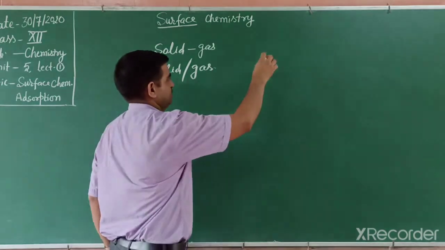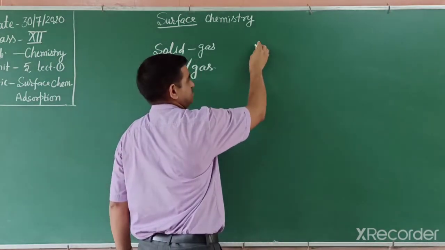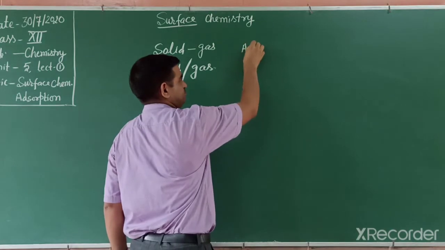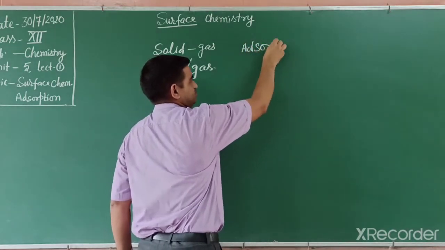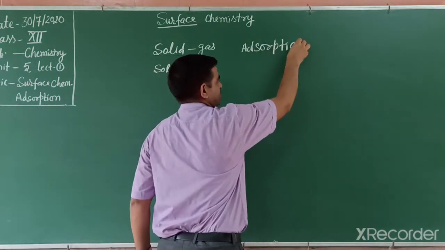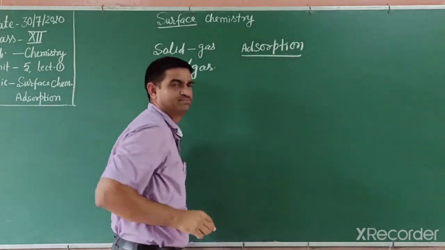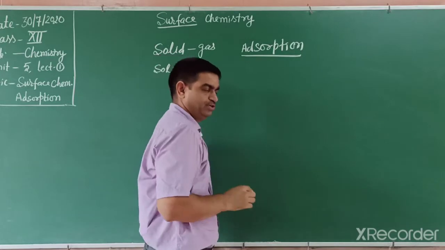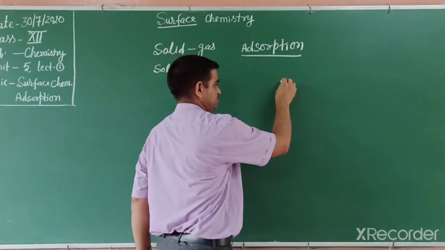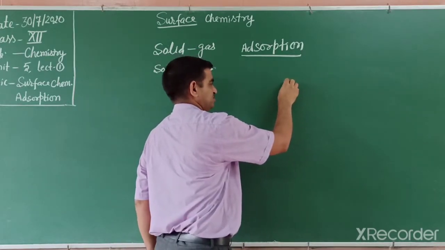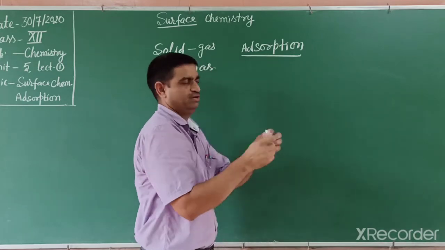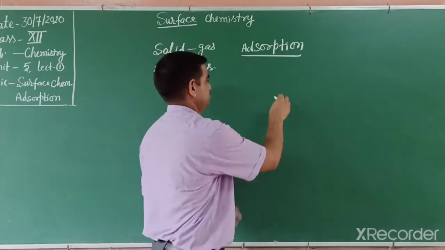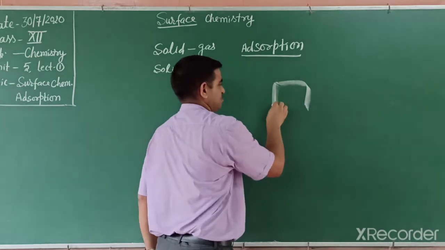At first we write adsorption. Adsorption means the molecules of ink go onto the chalk piece, and the molecules occupy only the surface. Suppose this is a compound.